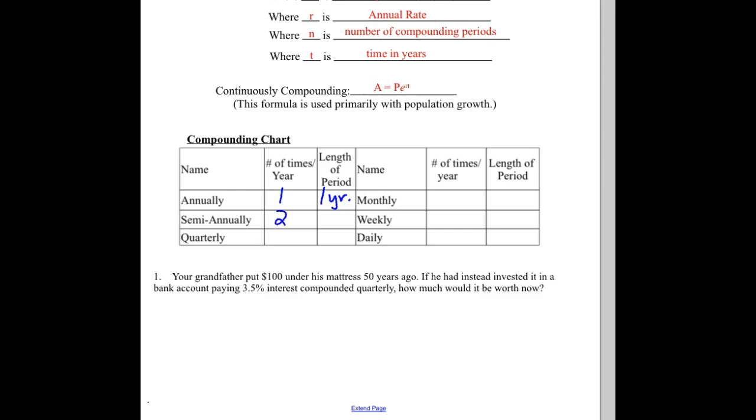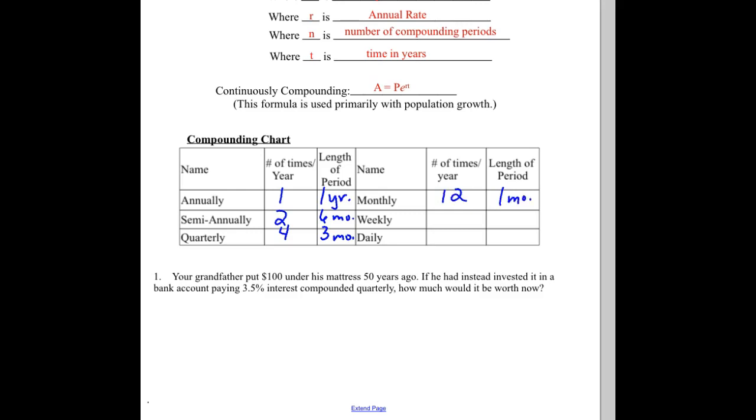So this time the length of that compounding period would be 6 months. Okay, every 6 months they would figure out how much interest they owe you. And then quarterly, 4 times a year, which means it's every 3 months. Yep. Okay, how about monthly? 12 times a year, and it's in 1 month intervals.